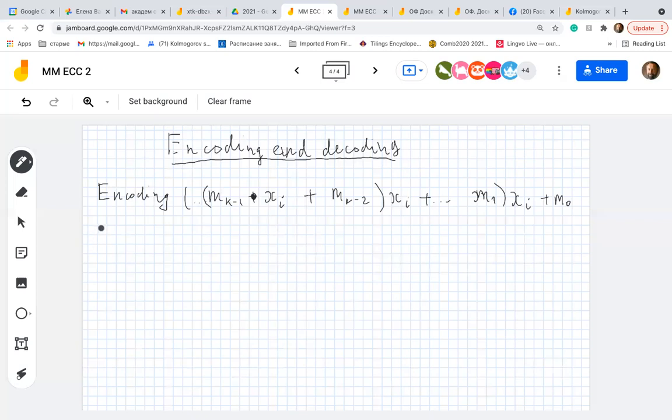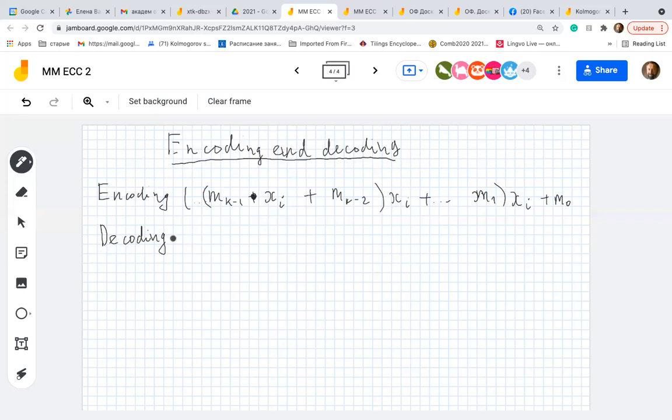And decoding is much more expensive, of course, because when we speak about decoding, we usually mean decoding which corrects errors. But let's start first with decoding where we know that there are no errors at all.